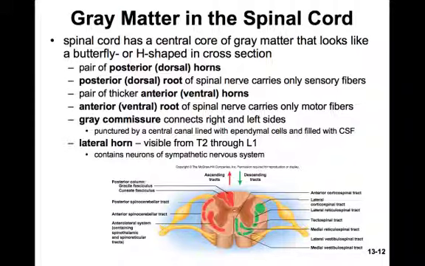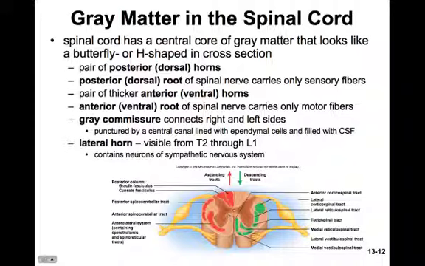There's a pair of thicker anterior or ventral horns. The ventral horns are larger because they contain the somas or cell bodies of all of the motor neurons, and the ventral root or anterior root carries these motor fibers out into the spinal nerves.